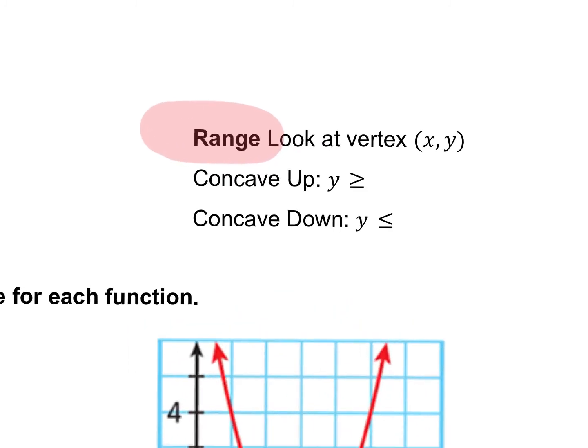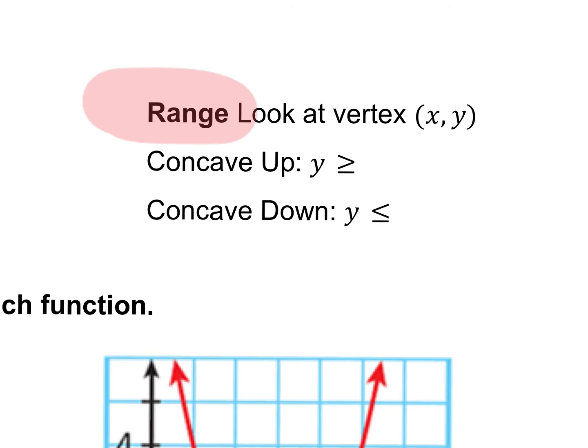If it's concave up, we're going to do y is greater than or equal to this coordinate. It's kind of like y is greater than y, but we will have a number. And here, if it's concave down, it'll be y is less than or equal to that same number.